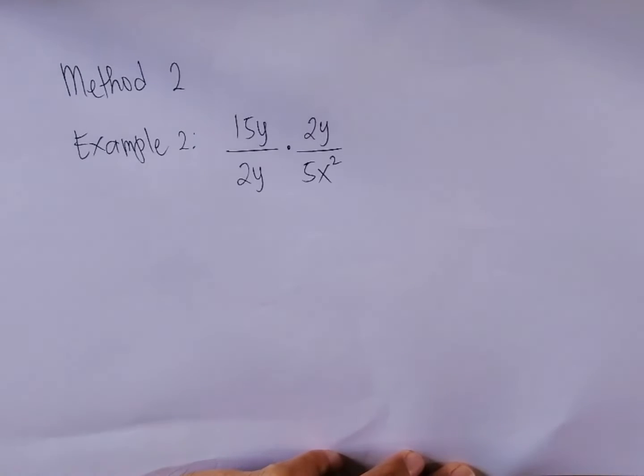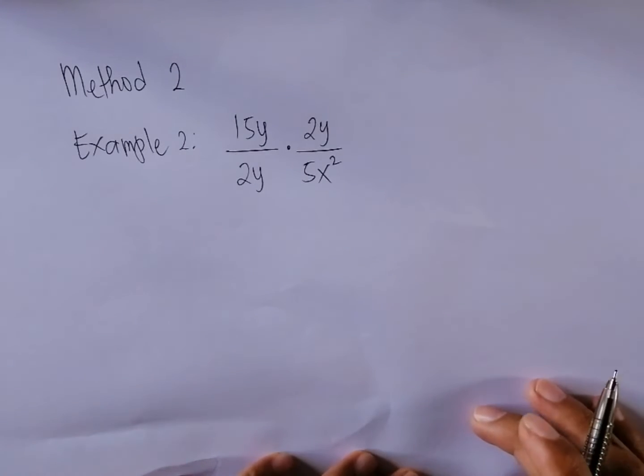Okay, for method 2, or example number 2, we have 15y over 2y times 2y over 5x squared. So step 1 is find the GCMF of the numerators and denominators.